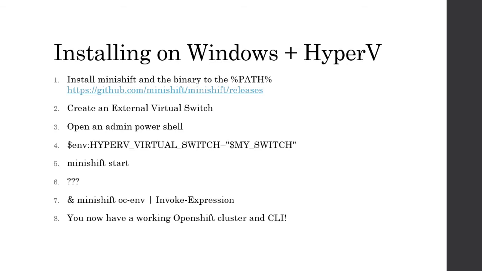You open PowerShell, and you set an environment variable to tell it, okay, this is the switch I want to use, because you may have more than one. You just type minishift start, and after some delay, usually 10 or 15 minutes, you have your cluster running locally, and then you can just use the command line tools from Red Hat to do your development and deployments on your local cluster.